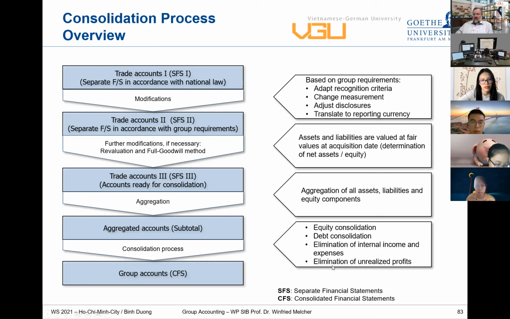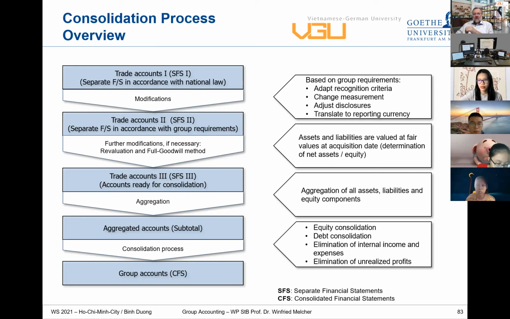And the same thing with elimination of unrealized profits. So if you sell inventory to another group company, you may realize a profit in your single financial statements. And that is correct. When you sell as a company goods to somebody else, to another company, then of course you have a realized profit, but only on the level of the single financial statement number one.